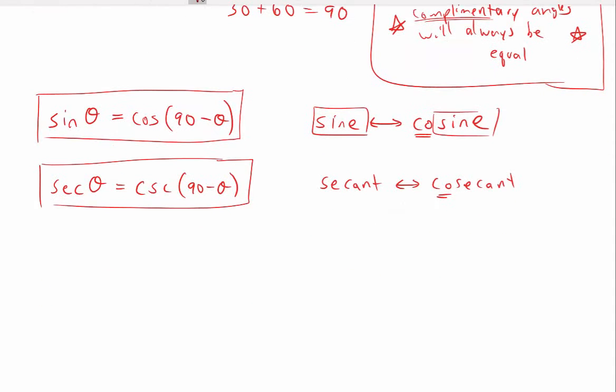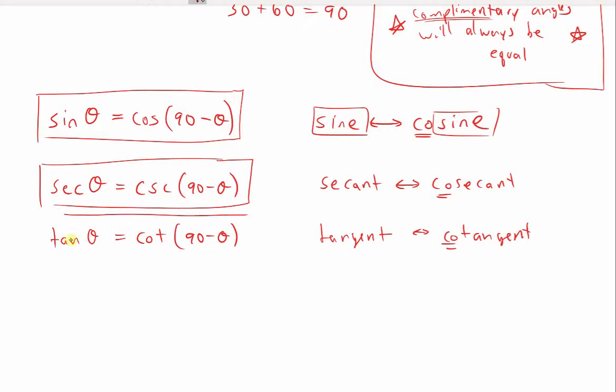And then the last pair, hopefully, is obvious at this point. Tangent and cotangent would be the last pair of cofunctions.